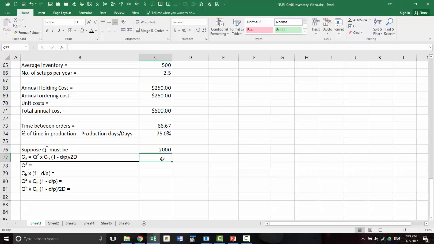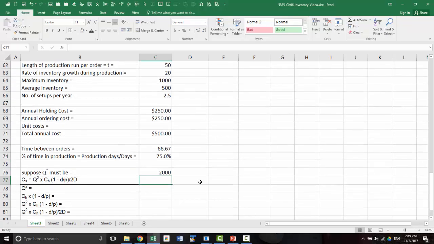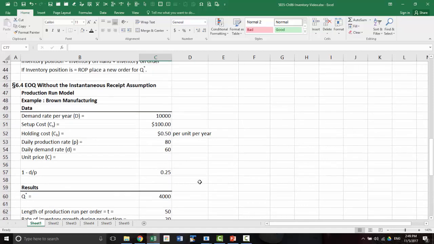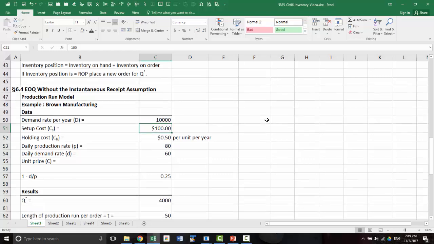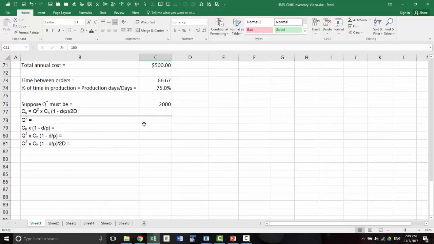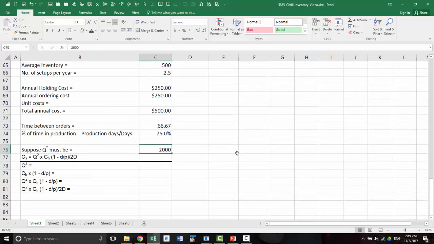One way of bringing this down is to bring down the C sub S value, the setup cost. If the setup cost goes up, that's when Q goes up. If setup cost goes down, then the economic production quantity will go down. So we need to somehow try to decrease the setup cost.